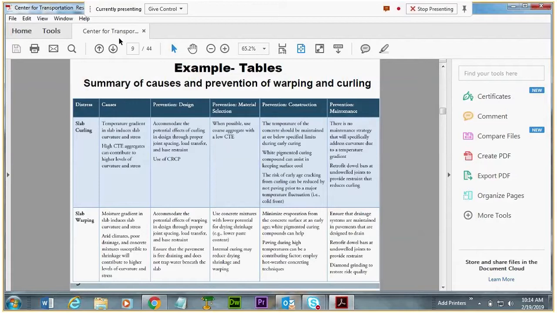A typical table, as you see in front of you here, has the distresses identified, and then across the top, as you move to the right, are the causes, and then the preventions through design, material selections, construction, and maintenance. So when you get into these particular chapters, you should have a pretty good array of not only the images and the sketches, but also a table explaining everything, along with, just as important, the dialogue. Next slide, please.